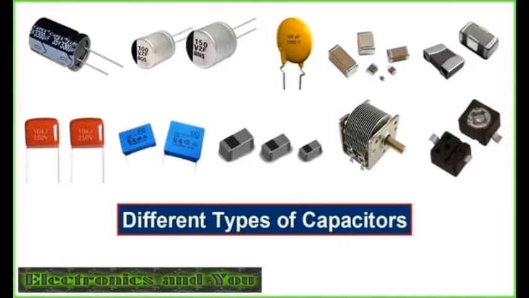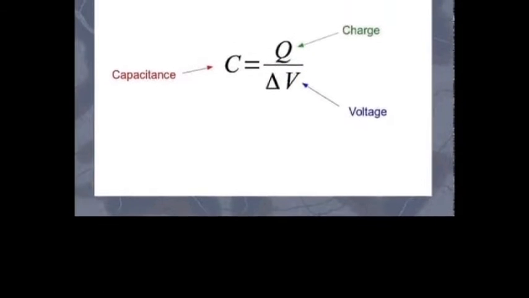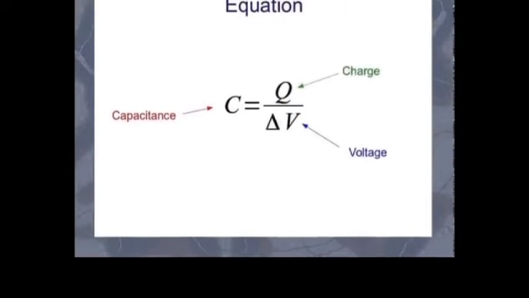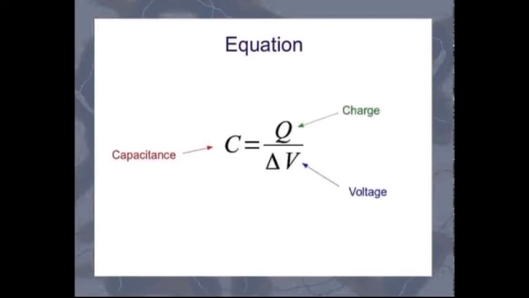Capacitors can be classified as fixed capacitors, the ones whose capacitance shows a fixed value and cannot be adjusted, and variable capacitors, the ones which show adjustable behavior to circuit operation. The formula to find capacitance is capacitance equals charge divided by voltage.